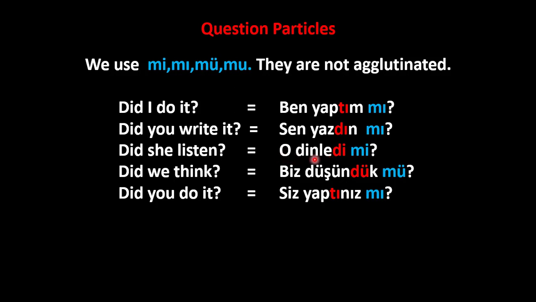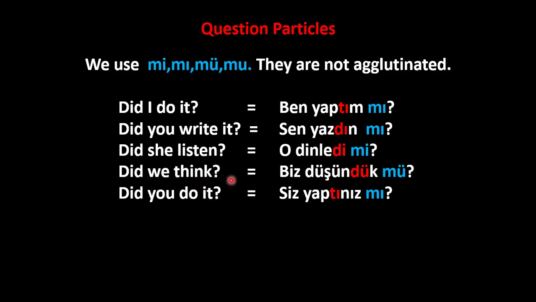Dinle is the verb stem, D the past tense, and mi. You can see here the mi, I used i with a dot, because the last vowel in this verb is a soft one. So therefore I use this.